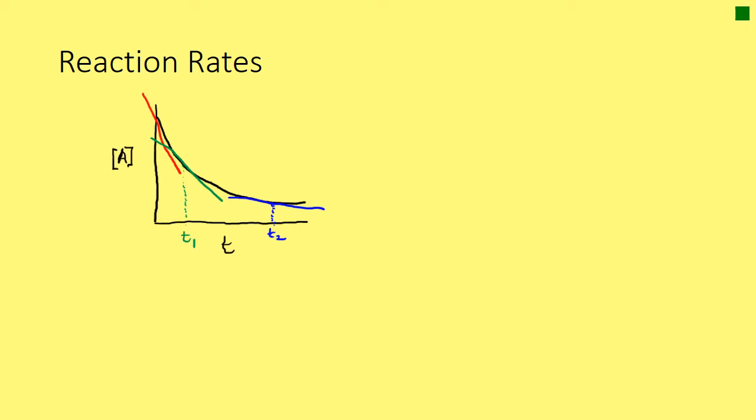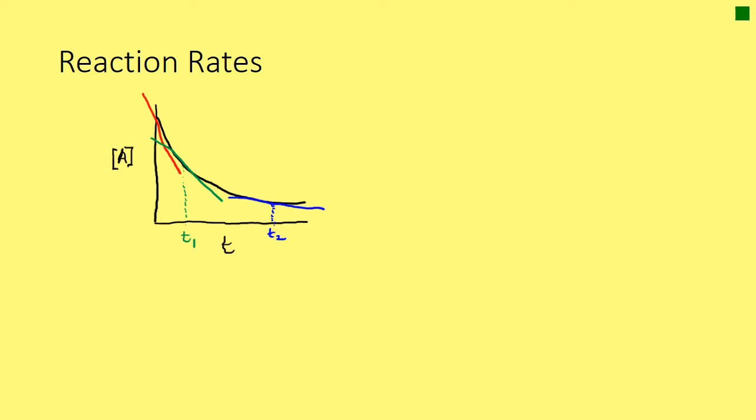The reaction rate, as we learned on the previous slide, is the change in A over time. So at the start, where time is 0, the reaction rate would be given by the tangent at point 0.